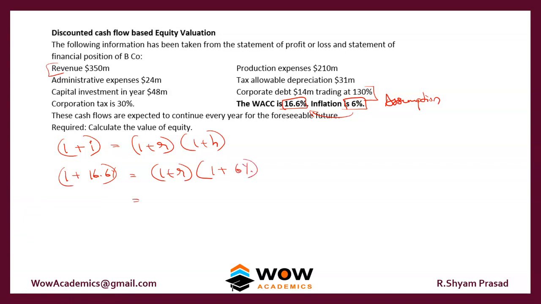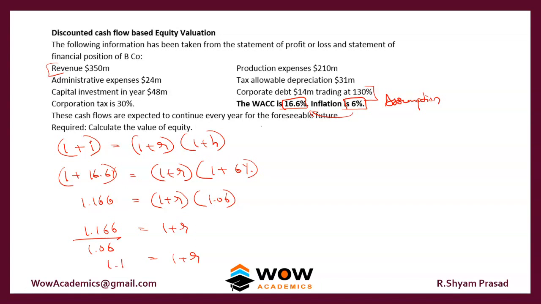So we'll solve this. This becomes 1.166 equals 1 plus r, and this becomes 1.06. So 1 plus r equals 1.166 divided by 1.06, so the answer comes to 1.1.